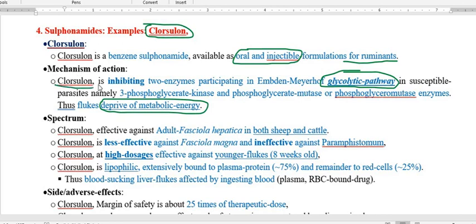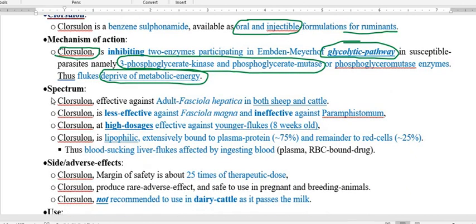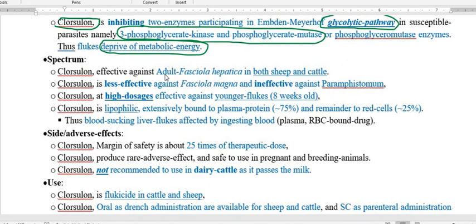Regarding clorsulon, it interferes with the glycolytic pathway by inhibiting two enzymes, that is phosphoglycerate kinase and phosphoglycerate mutase, and these two enzymes actually participate in the glycolytic pathway, and therefore the parasite is deprived of metabolic energy and thus dies. Regarding the spectrum of activity of clorsulon, we already mentioned that clorsulon is mainly for the adult Fasciola hepatica in both sheep and cattle, and less effective against Fasciola magna.